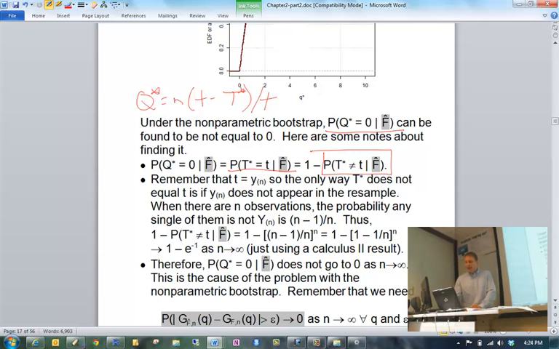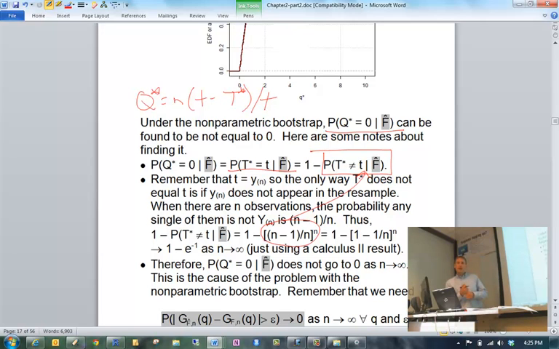Since you have n elements in your resample, we have n minus 1 divided by n raised to the nth power as that probability. So if we work with the complement, things simplify down to 1 minus the quantity 1 minus 1 over n to the nth power.